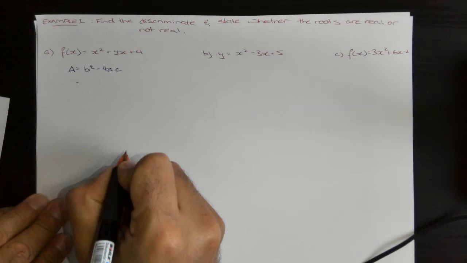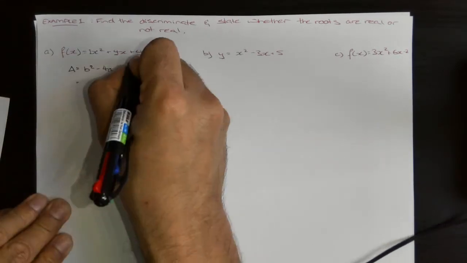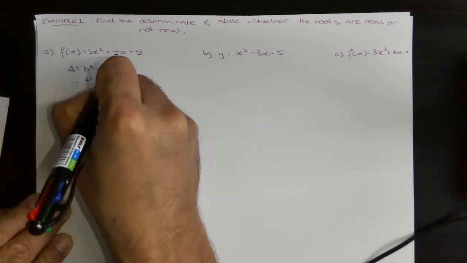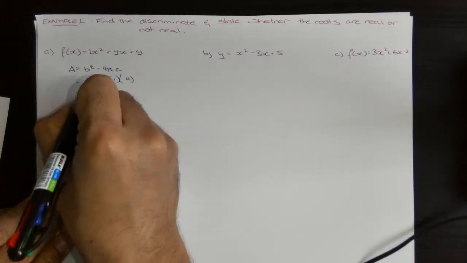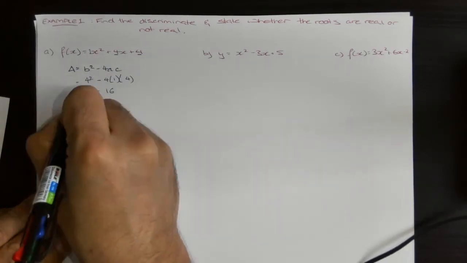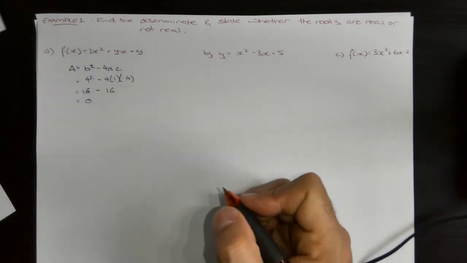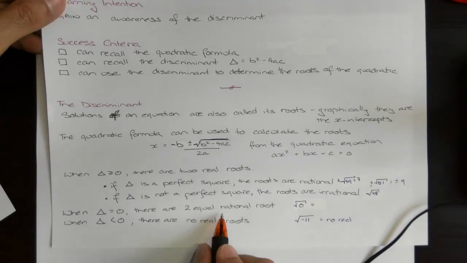That's our b value, that's our a value, and that's our c value. So 4 squared minus 4 lots of 1 times 4, well, that's just 16 minus 16, which is 0. And using our rules, the discriminant equals 0, so then there are two equal rational roots.